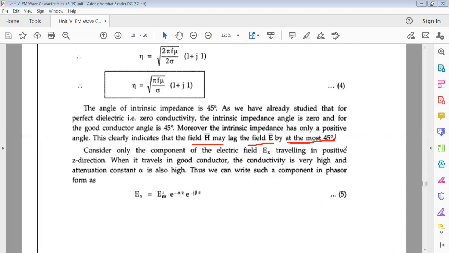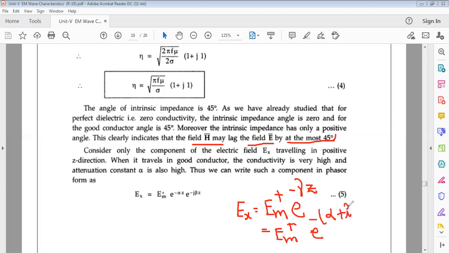Thus, we can write such a component in the phasor form as Ex equal to the amplitude Em times e power minus gamma z in the positive z direction. What is gamma, my dear students? Alpha plus j beta. So Em e power minus of alpha plus j beta into z.